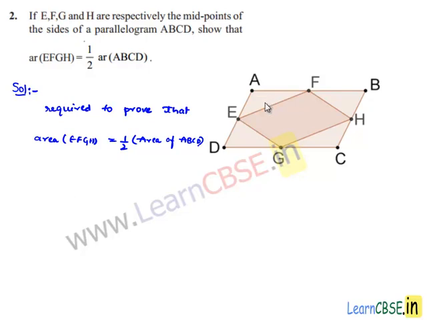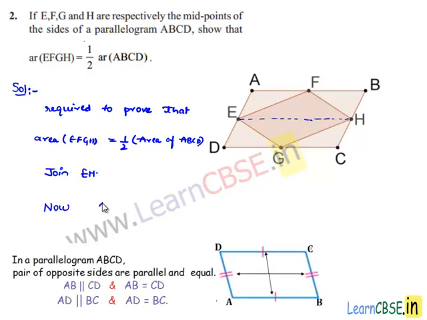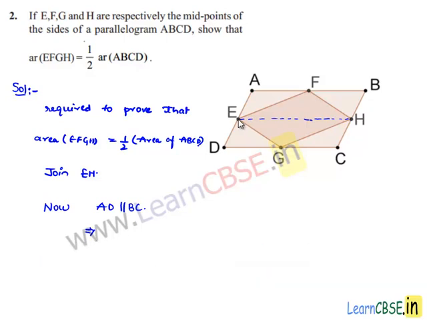So in order to prove this, let us initially join EF, FH, HG and EG and also join EH. We know that in a parallelogram AD is parallel to BC since opposite sides are parallel and also equal, which implies, as E is a midpoint of AD, we can write AD as 2 times AE, which is parallel to BC.